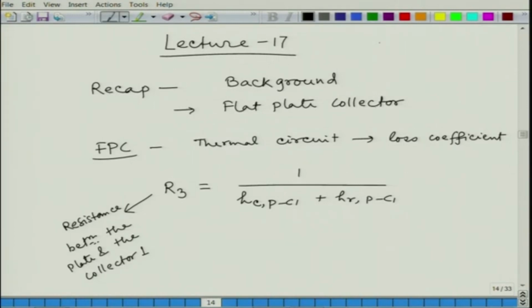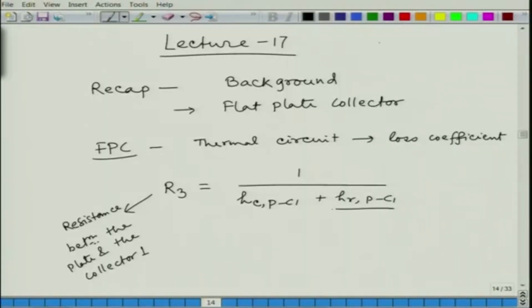You require a trick to convert the radiation heat transfer into an equivalent radiation heat transfer coefficient, because it is not a delta T relation, but T_p to the power 4 minus T_C1 to the power 4. So, that conversion you had to do to get the h_r P to C1 term.